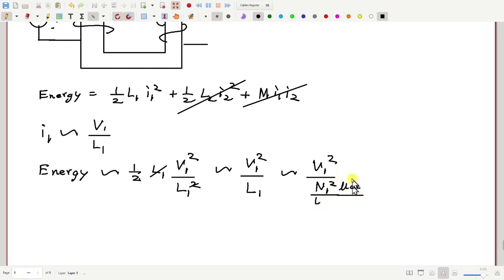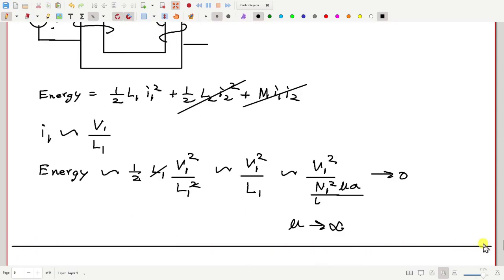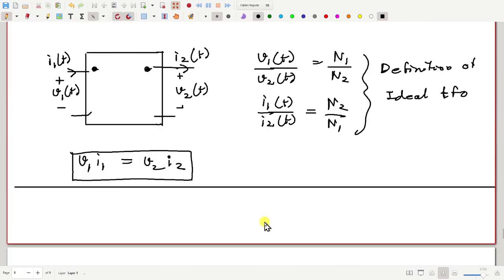Now permeability should be very large, mu tends to infinity, ideally for a good transformer. So therefore this energy also tends to 0. Energy stored is very close to 0. So this is one assumption for a good ideal transformer, permeability to be very high.